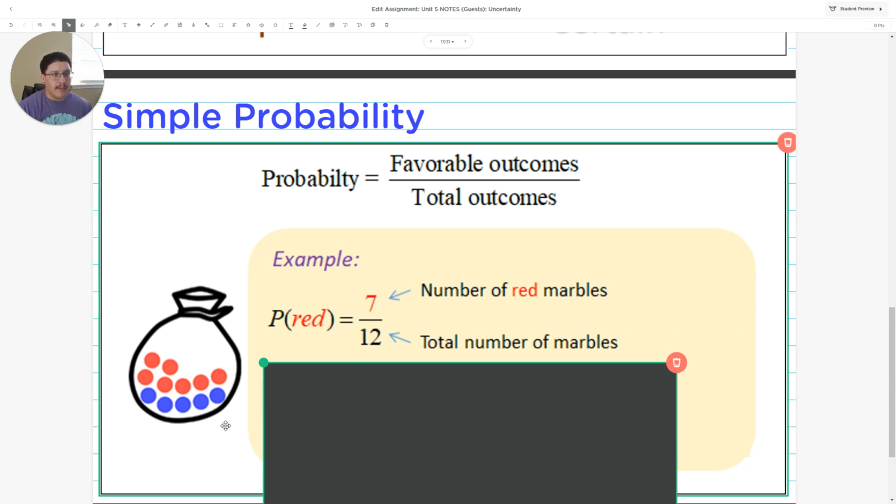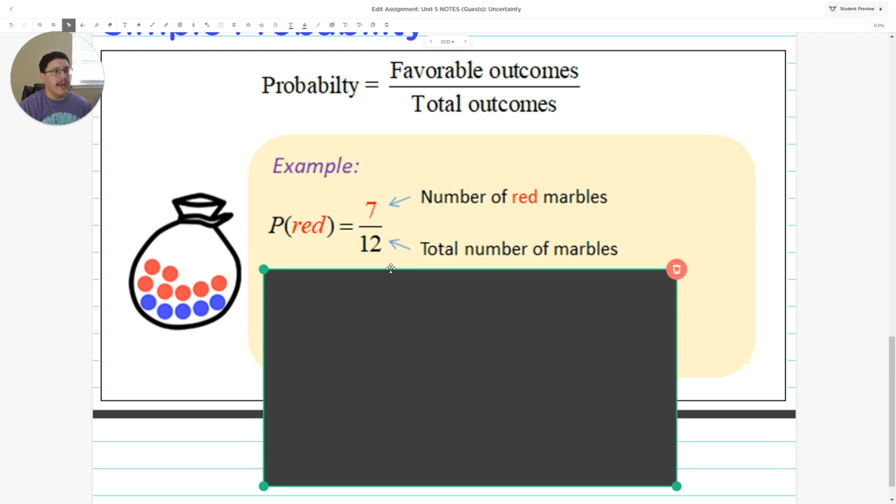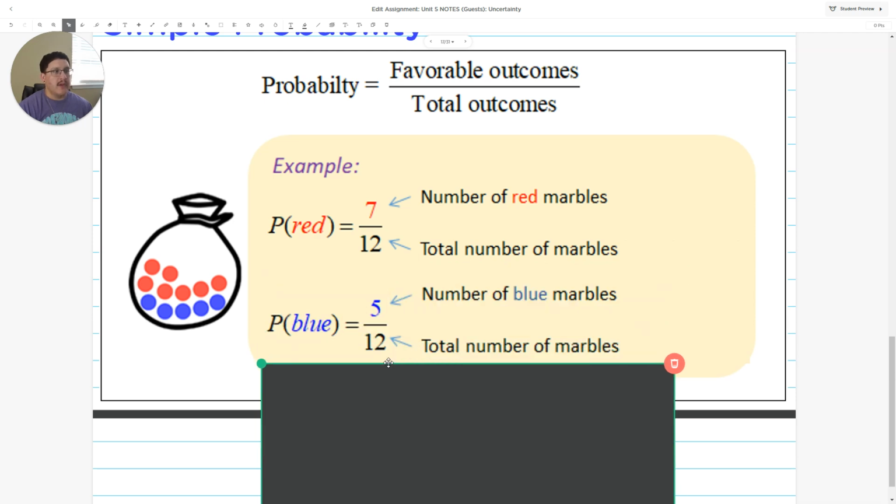You count up the total amount of marbles and then you only pick the blue ones. Well, blue, we have 1, 2, 3, 4, 5 out of 12. And so the probability that you will pick blue is 5 out of 12.